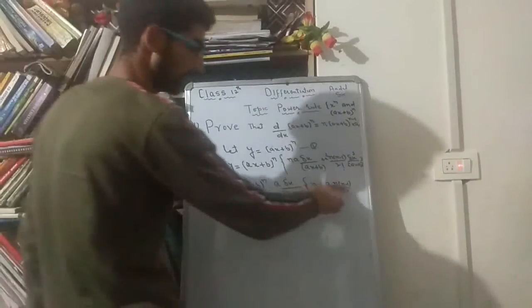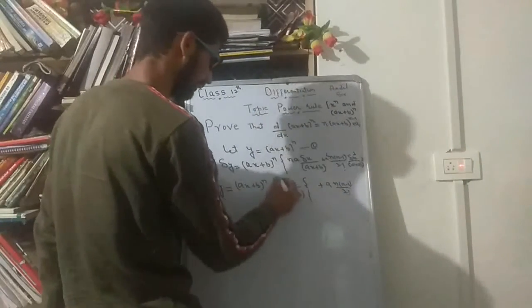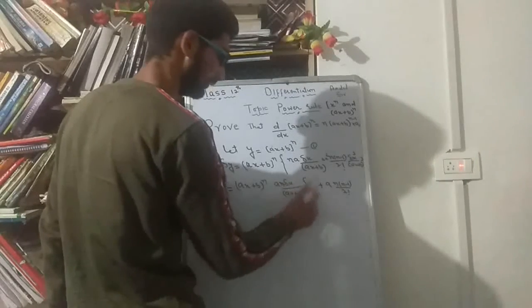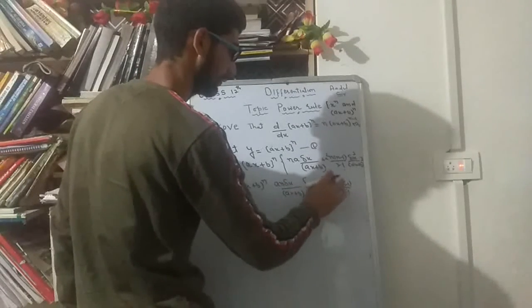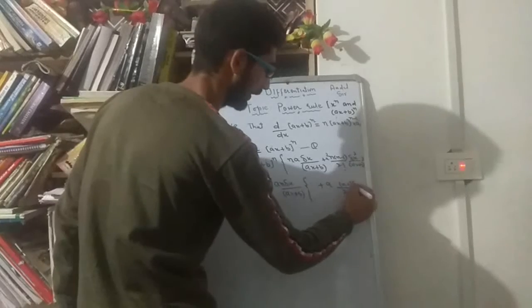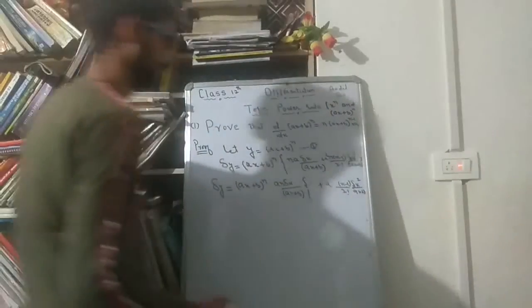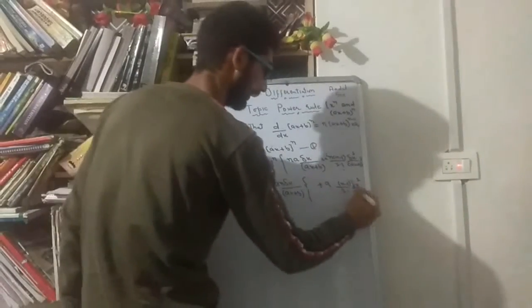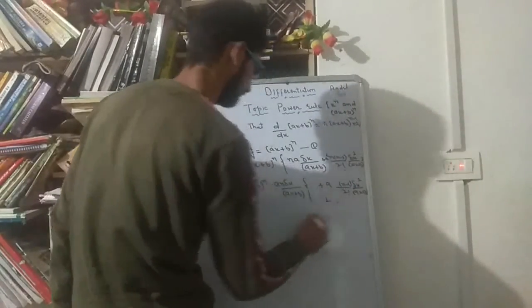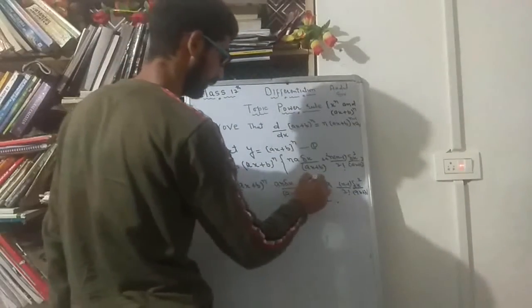Now n is everywhere also, so you can make this n as common also. So it will be n into n minus 1, del x square divided by (ax plus b) whole square, and then plus 1. Now when this n, so it will be now here 1.